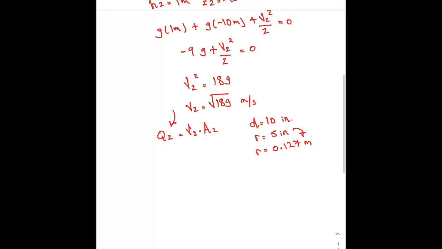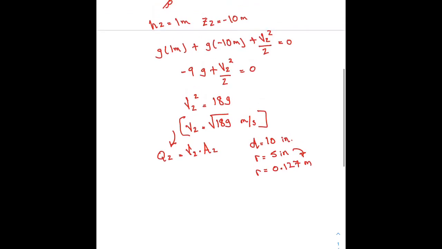That is our radius. And so remember that we found the velocity at 2. Now we're trying to find the volumetric flow rate at 2, which is V2 times A2. The reason we're trying to find the volumetric flow rate is so that later we'll be able to find our mass flow rate.